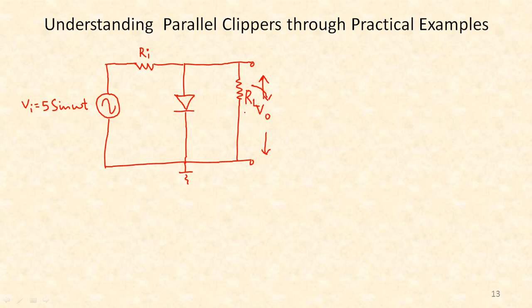So even if I do not consider RL, it is still understood that it is always present. In some textbooks they have not represented RL, whereas in some they have included it, but it is understood that RL is always present. Fine. Now let us start with the analysis.